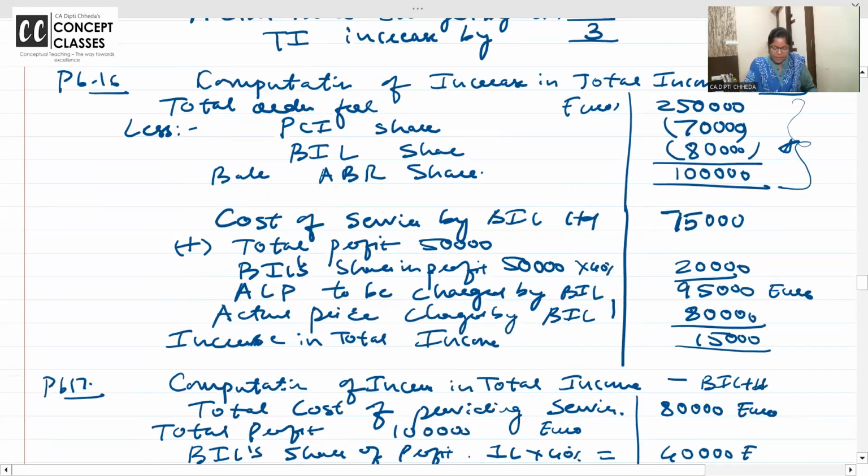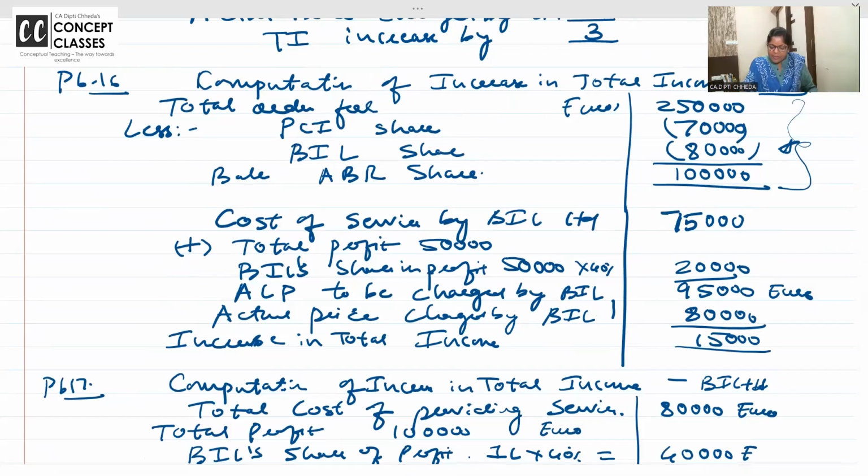See. The cost of the service of BIL is 75,000. Profit of BIL is 50,000 into 40%. That is 20,000. So the arm's length price should have been 95,000. But the actual price charged by BIL is only 80,000 to ABR, whereas BIL should have charged 95.